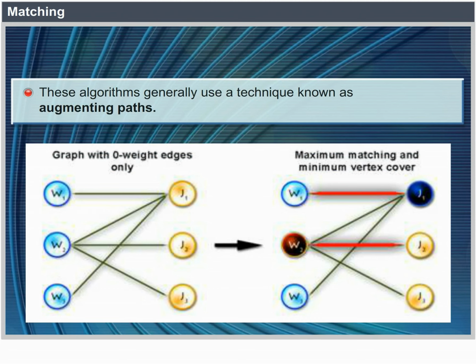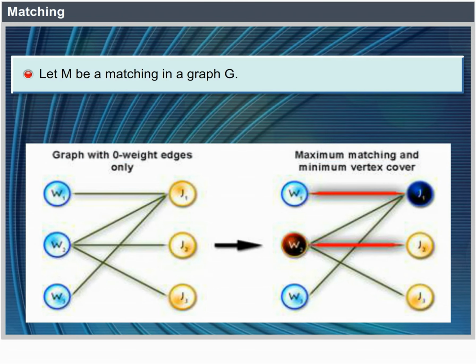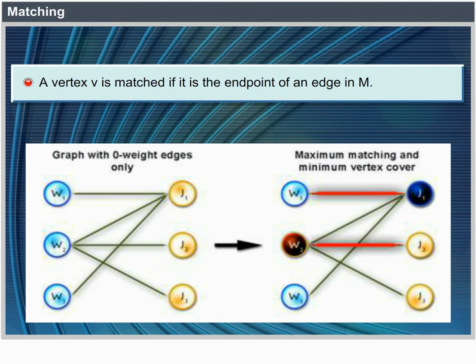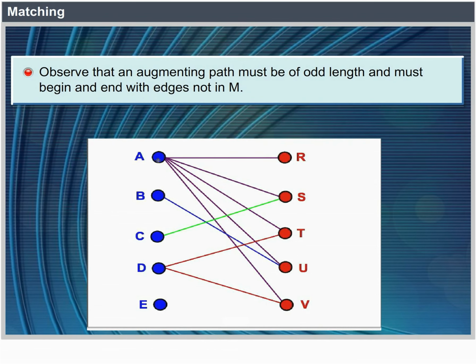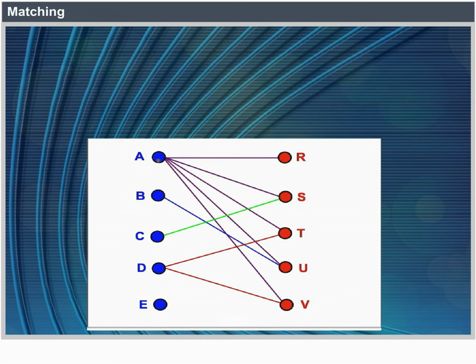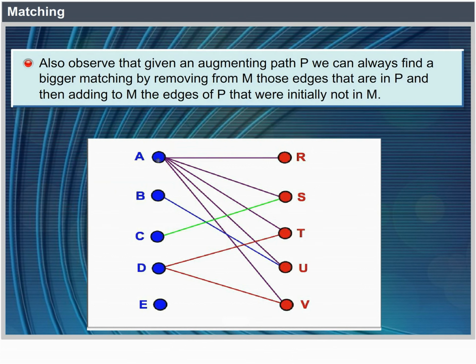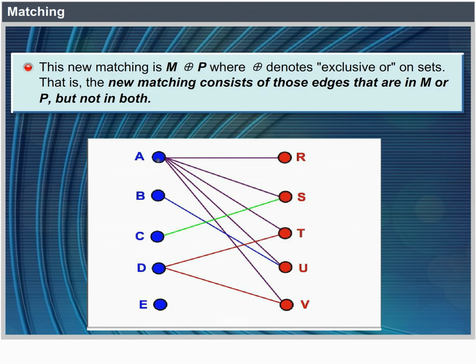Let M be a matching in a graph G. A vertex V is matched if it is the endpoint of an edge in M. A path connecting two unmatched vertices in which alternate edges in the path are in M is called an augmenting path relative to M. Observe that an augmenting path must be of odd length and must begin and end with edges not in M. Also observe that given an augmenting path P, we can always find a bigger matching by removing from M those edges that are in P and then adding to M the edges of P that were initially not in M. The new matching is M circle plus P, where circle plus denotes exclusive or on sets.